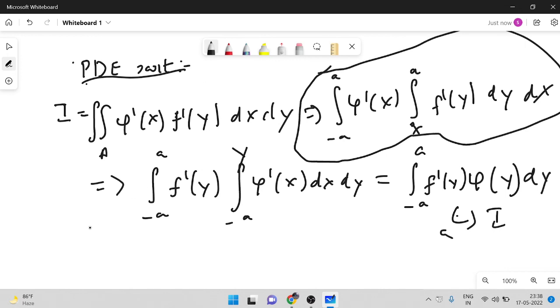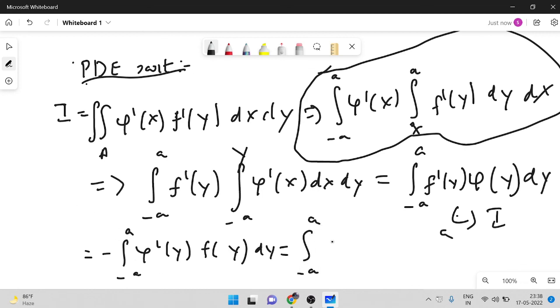I have the recorded thing. So you basically get minus the integral from minus a to a of phi dash of y f of y, but both the integrals are the same. Hence this is equal to minus the integral from minus a to a of f dash of y phi of y dy.